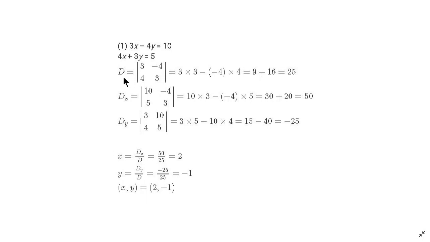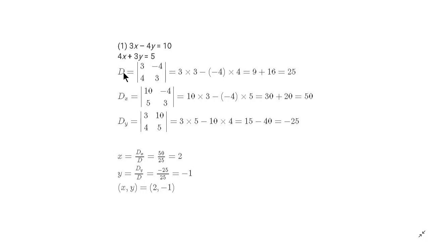The D determinant is, try to remember what the D determinant is. The determinant is written in order 2 by 2, a determinant of order 2, with 2 rows and 2 columns.